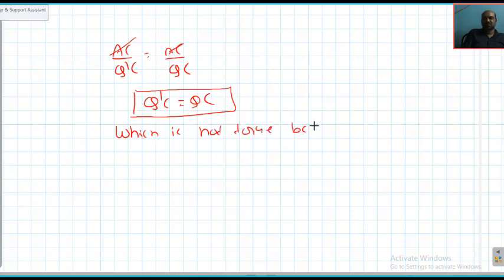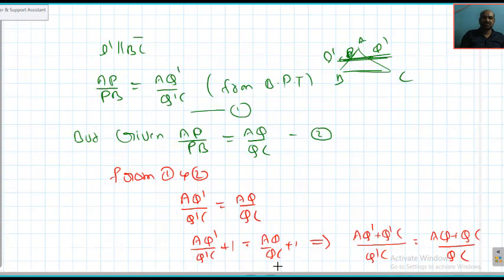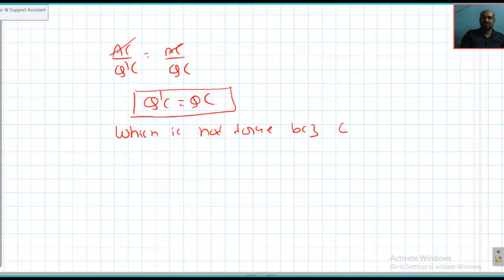Okay, because QC is a part of Q dash C. Part is lesser than whole, no? Part is not equal to whole.